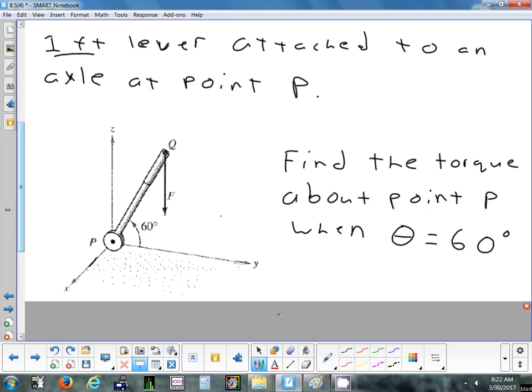Okay. And the other thing that affects the torque is the angle. Like I said, if I have a lever that's up and down and I push down, I'm not putting any torque on it. But if I start horizontal and I start to bend it, now I'm getting a lot more torque than if it was like this. All right.